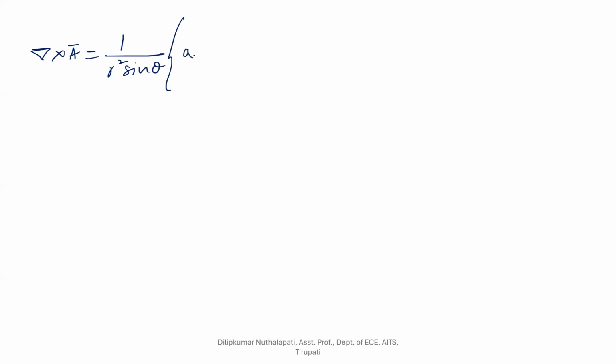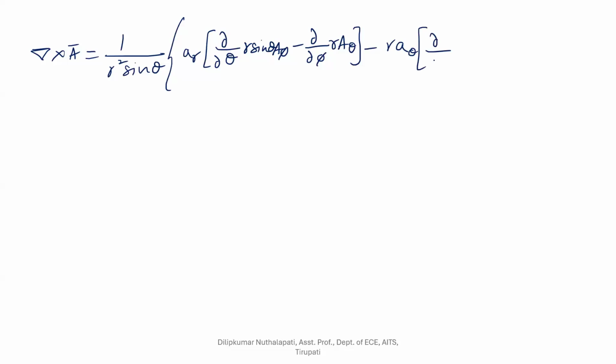So first we get a r component into dou by dou theta into r sine theta A phi minus dou by dou phi into r A theta, minus r a theta into dou by dou r into r sine theta A phi minus dou by dou phi into Ar.